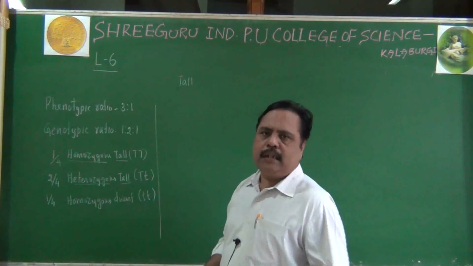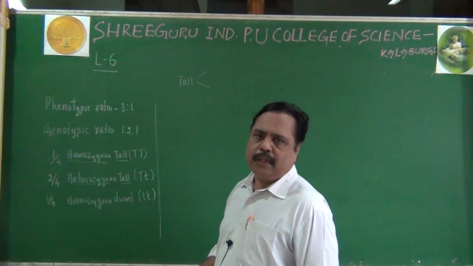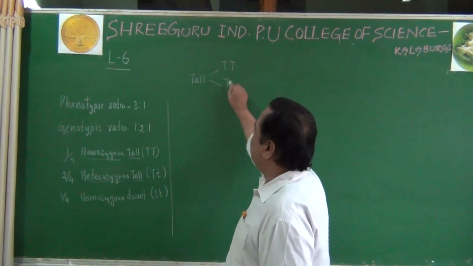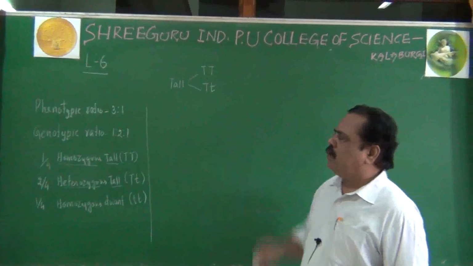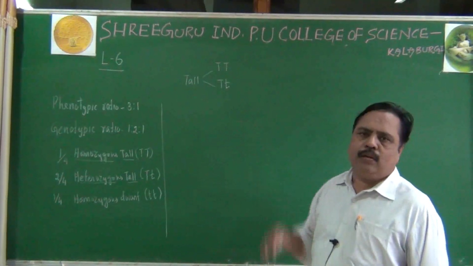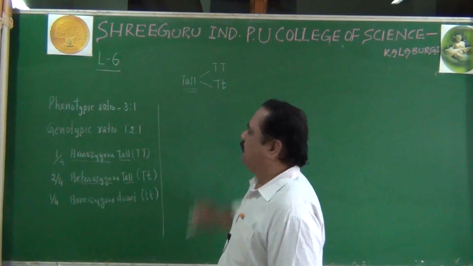But internally, genetically, genotypically, it may be either capital T capital T or capital T small t. So the genotype is unknown. It is internal, we cannot see it directly. But the phenotype can be observed directly.